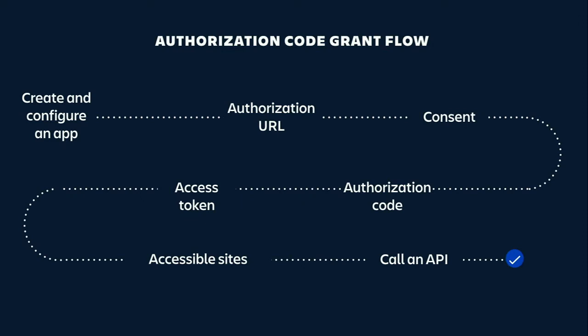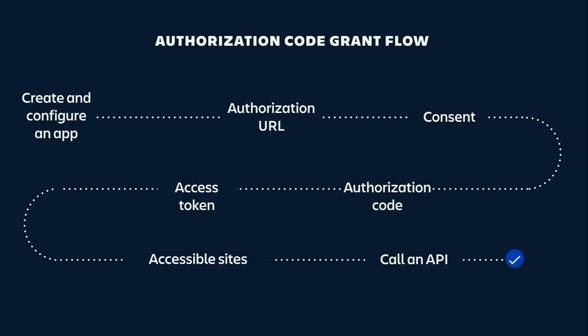So that's the URL where we'll send the end user to get the consent. And then once we have the consent, we'll get back an authorization code, and then, as I already mentioned, using the authorization code, we can get an access token, and then we have a special Atlassian specific step.